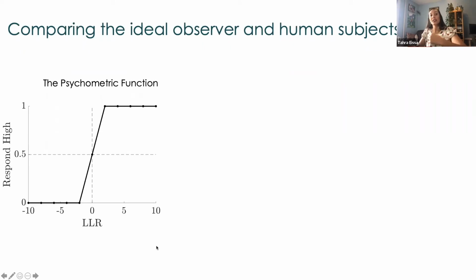But more realistic to human and suboptimal models is something that looks a little more like this. What this is saying is that we can have data points that are sampled at various LLRs, and we're going to fit them using logistic regression. The reason that we're going to build these psychometric functions is that there are a few key features that we can extract based off of this fitting.